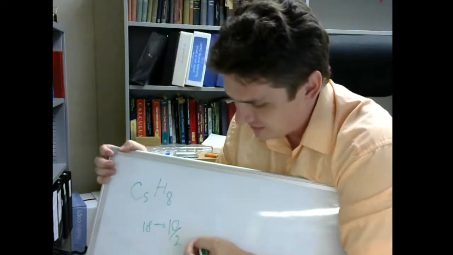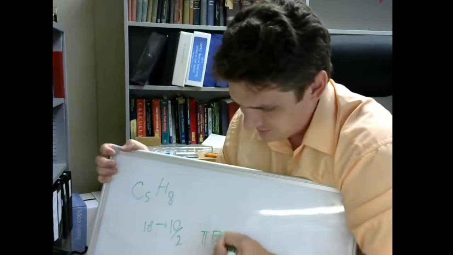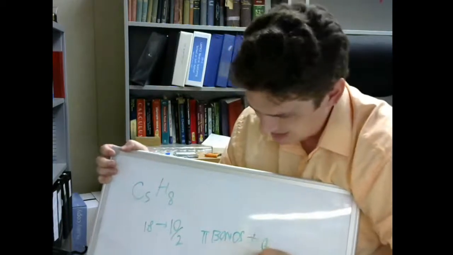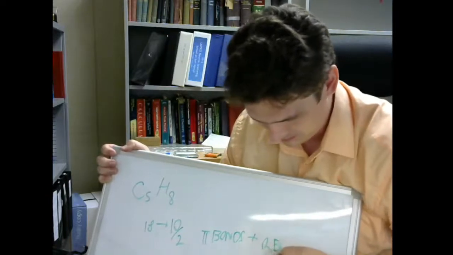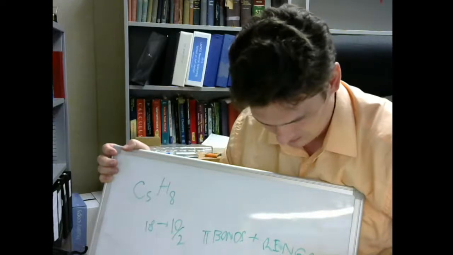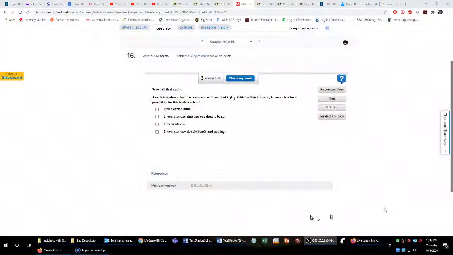That tells us the number of pi bonds: double bonds, triple bonds, and rings has to equal 2.